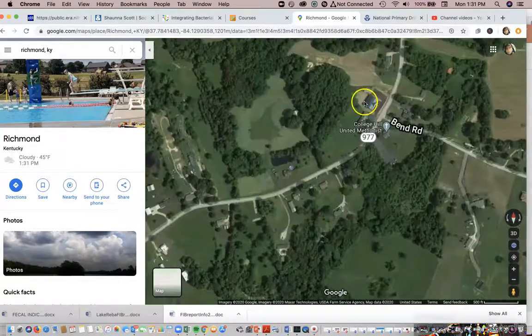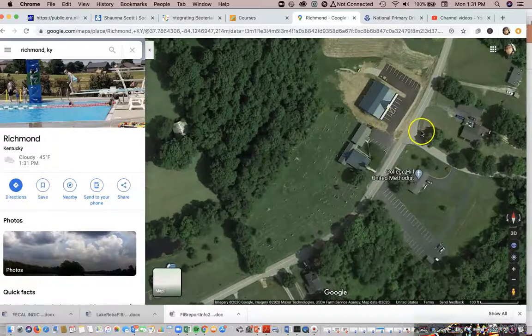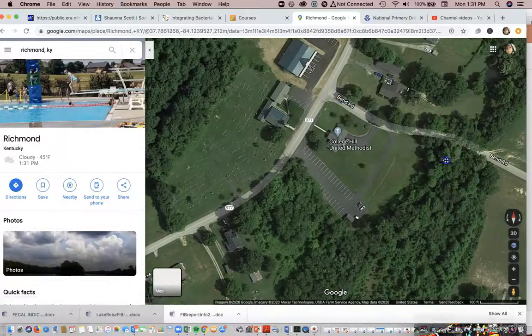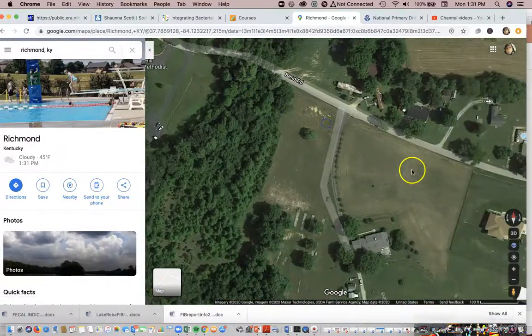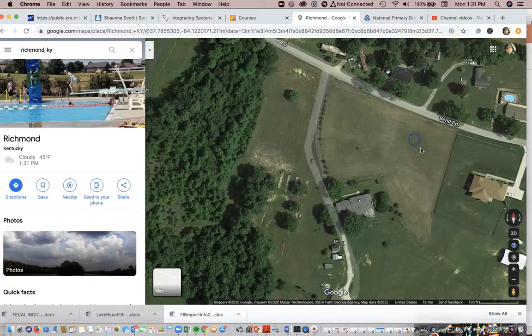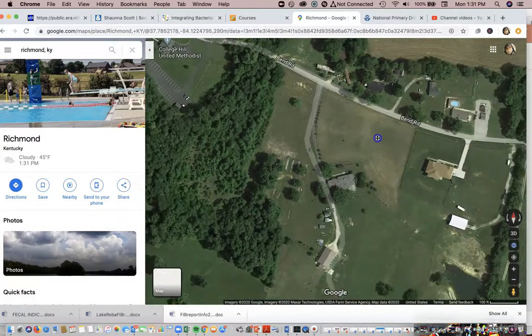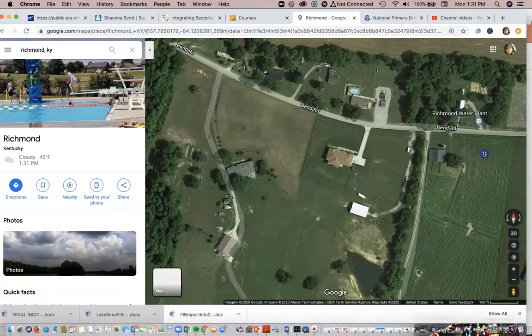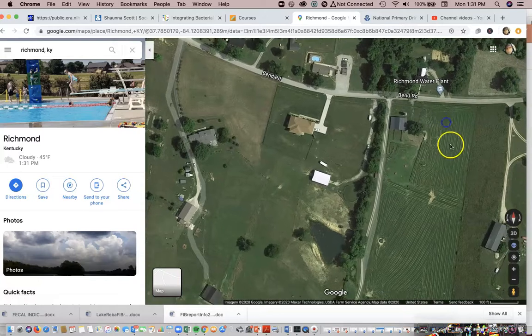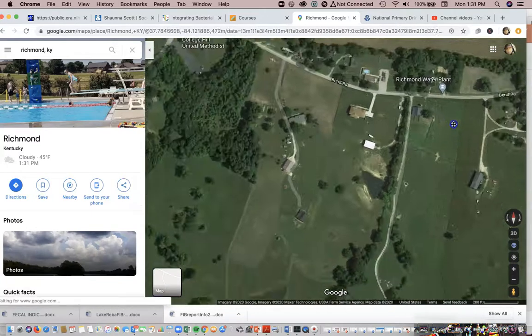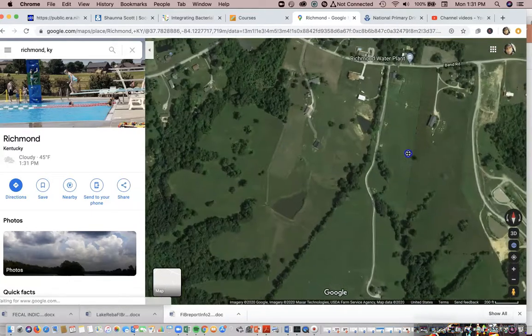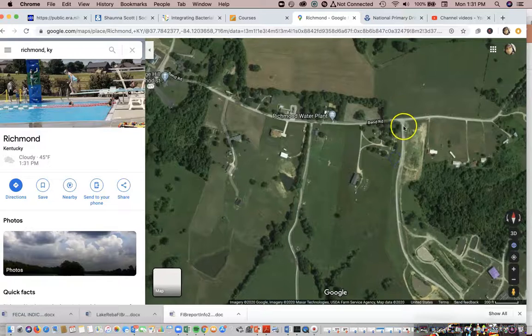There's a church right there on the corner. Take Bend Road. This is the road that the water plant's on. And you keep heading on Bend Road, and then there is a drive that takes you down to the water plant. And here is the drive right here.